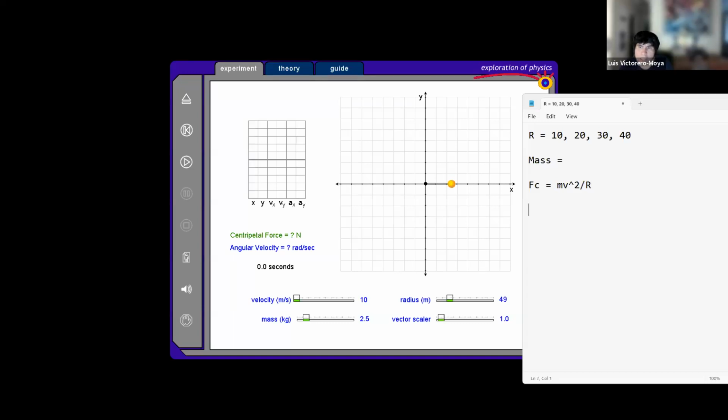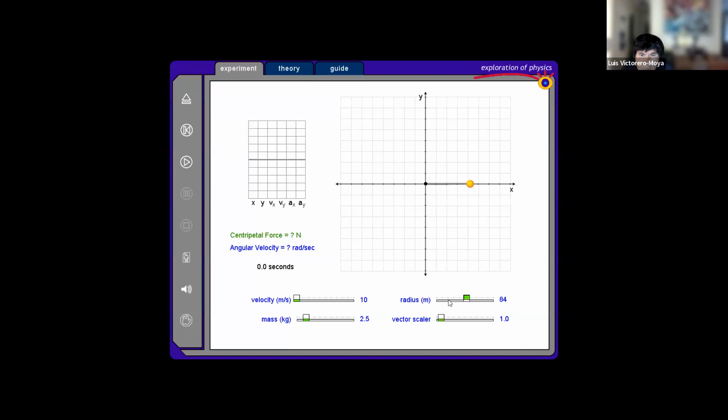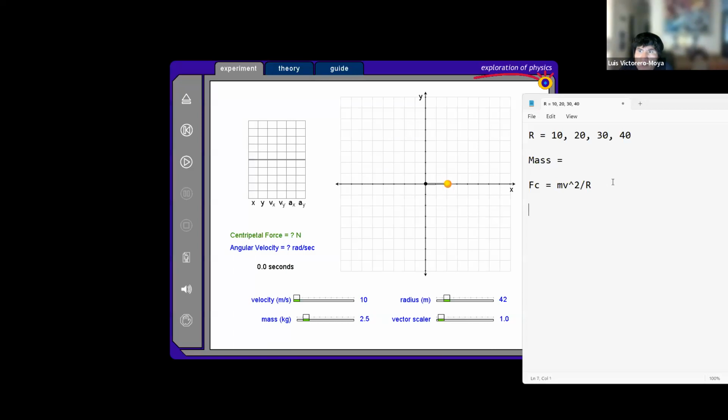So if my radius is 10, I can make my mass 1 kilogram. If my mass is 2, my radius has to be 20. So can we go to that point, 10, 20, 30? Yeah, so that will be the solution, right? Yeah. So if you want to use the same values, that's fine. Just make sure that you show me what you are doing.